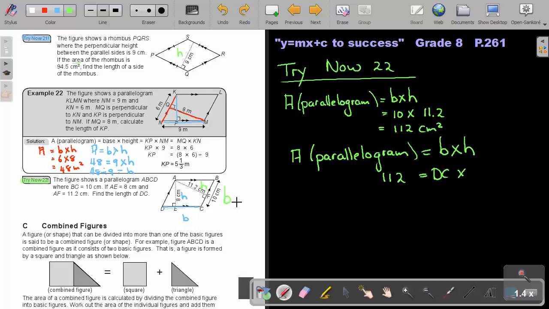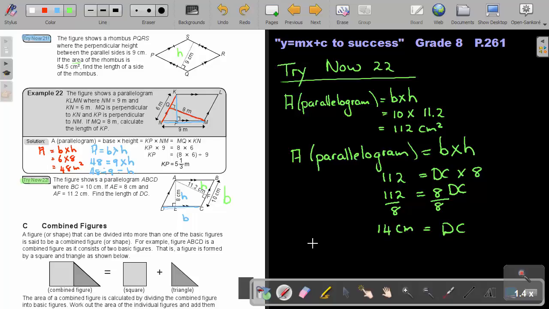And the height will be 8. Remember, you have 112. I'm just going to put in this step. To get DC alone, you divide by 8 and you divide by 8. And the value of DC, you will just press 112 divided by 8, and that will give you exactly 14.